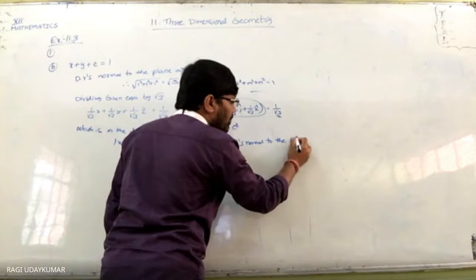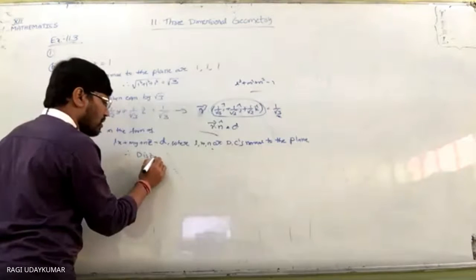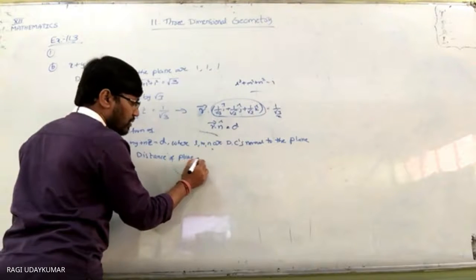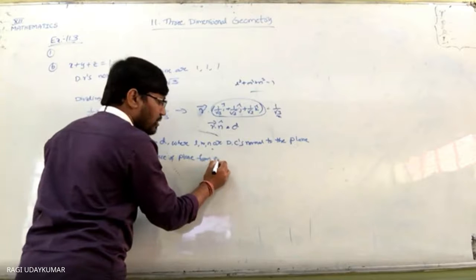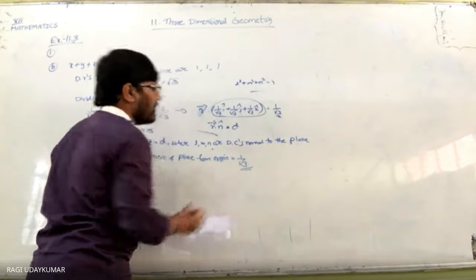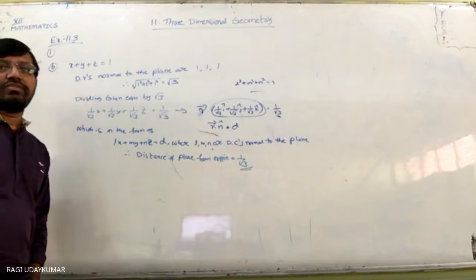Therefore, the distance of the plane from the origin is equal to 1 by root 3.